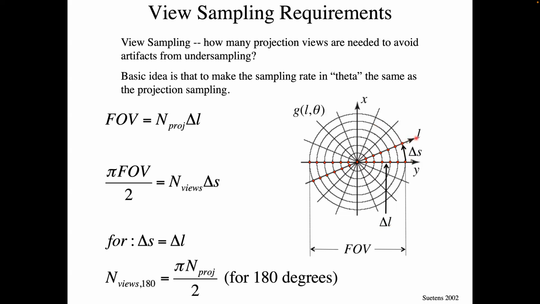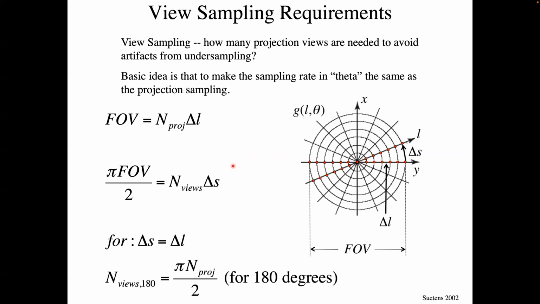As I go farther out, obviously the delta S gets farther apart, and hence the sampling rate in theta goes down. Okay, so outside that field of view, my sampling rate is not high enough to include all the frequencies that I'm measuring in my delta L direction. Is that kind of clear how that's working out?